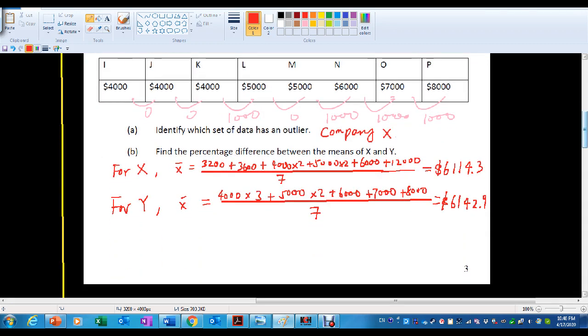Find the percentage difference between the means of X and Y. Okay, so percentage difference.